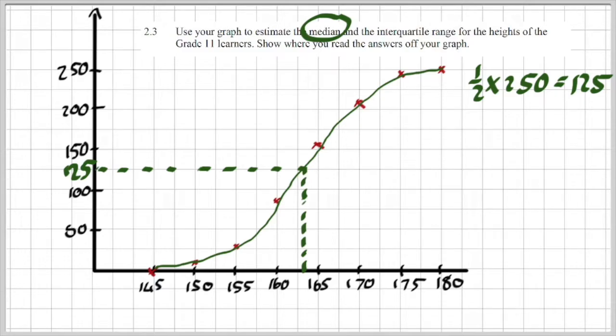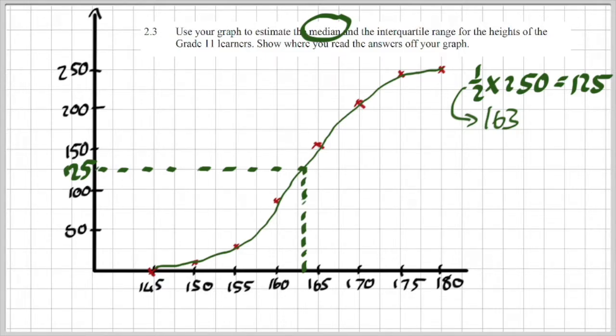Tracing it down, it is at about 163. So that is my median. Now, please understand, this is not 100% accurate. It is an estimation. It is a close estimation and it depends on how good my graph is sketched, okay?